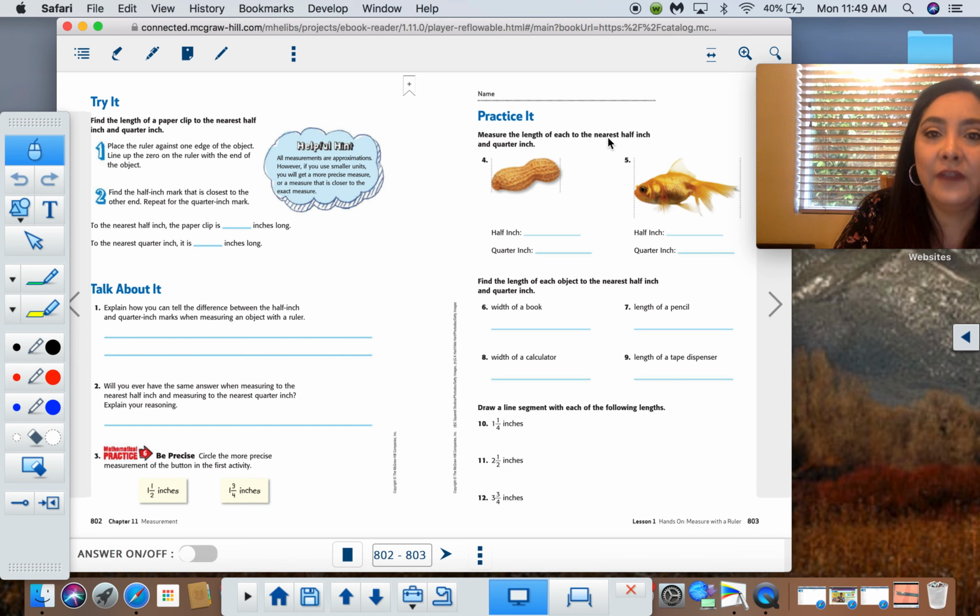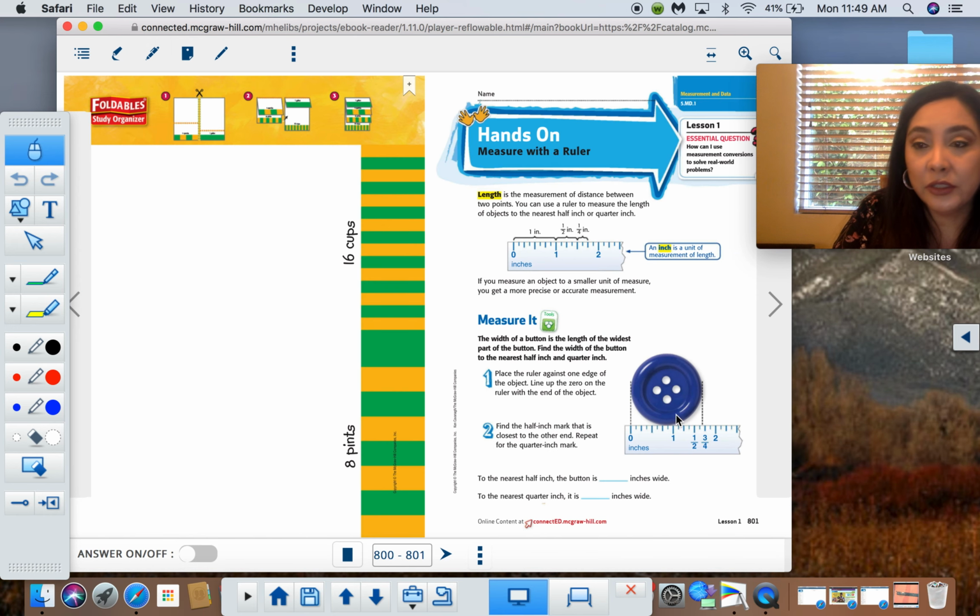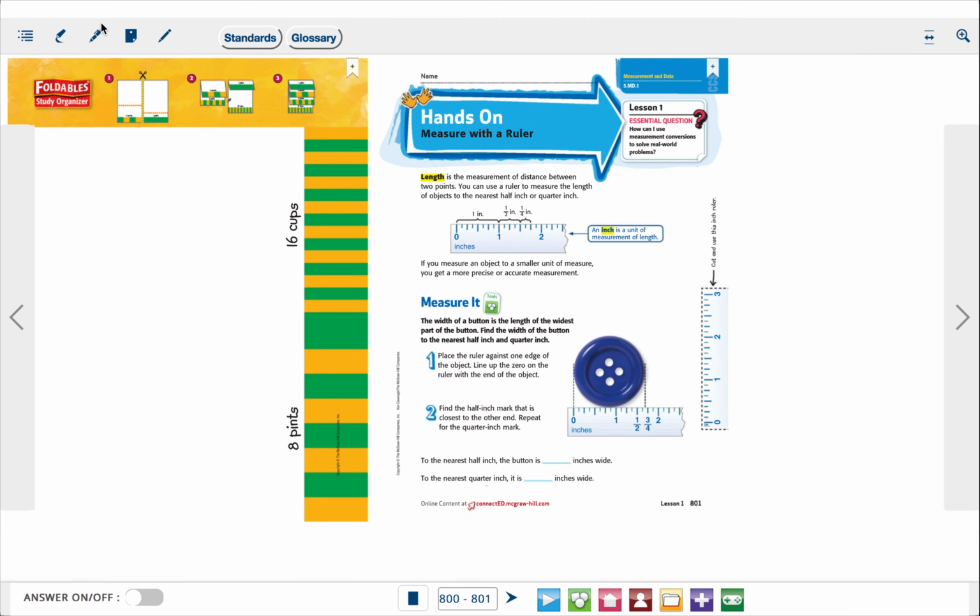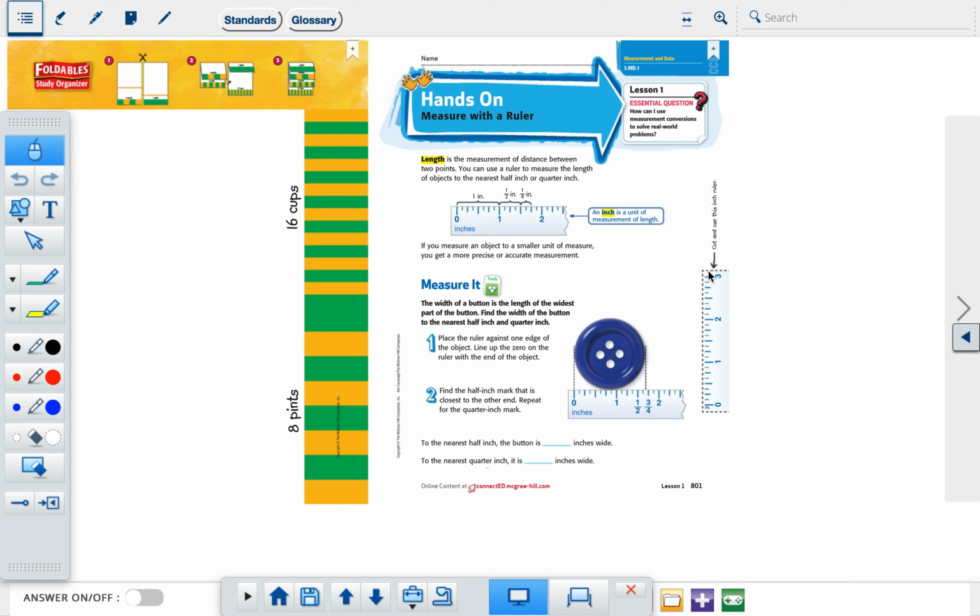Practice it. Measure the length of each to the nearest half inch and quarter inch. So if you do not have a ruler at home, let me zoom out even more. You can look at this section to the right, and we have some instructions that say cut and use this inch ruler.